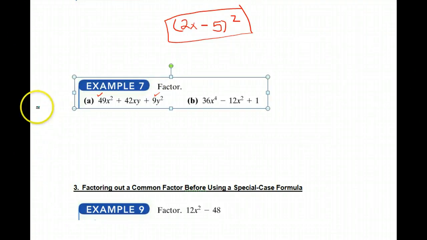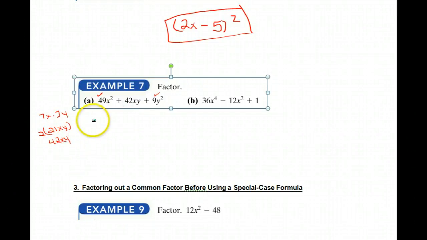If we take the square root of 49x squared, we get 7x, and multiply that by the square root of 9y squared, which is 3y. So that's 21xy. If we double that, we get 42xy, which is our middle term. So that means we have a perfect square trinomial.